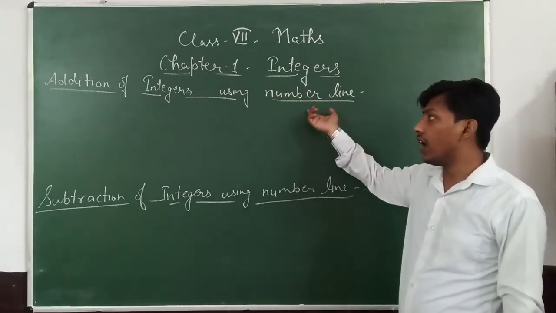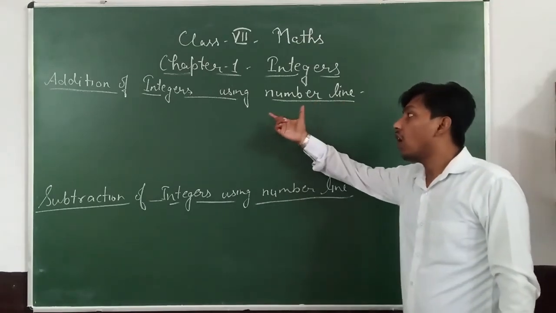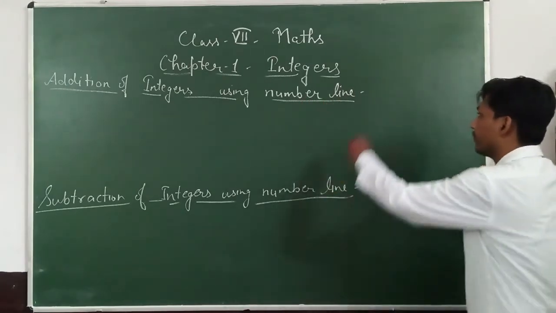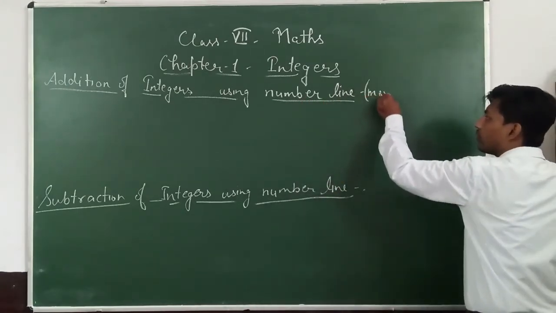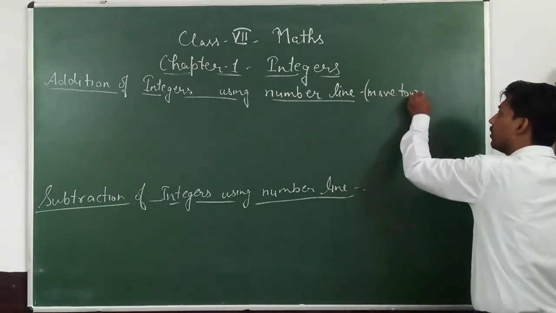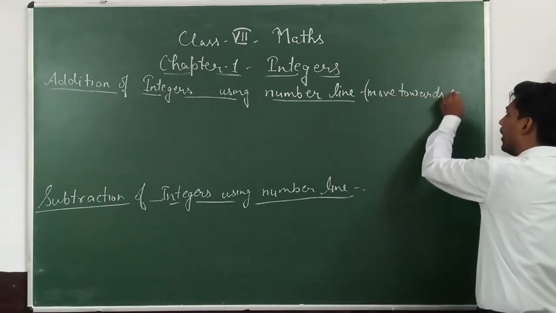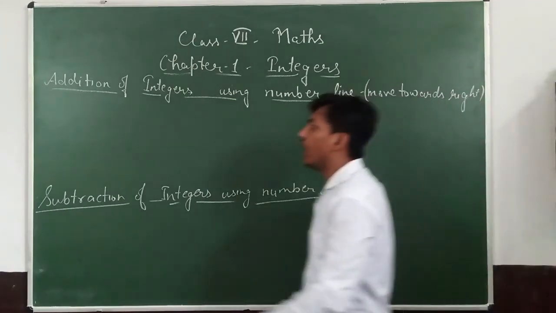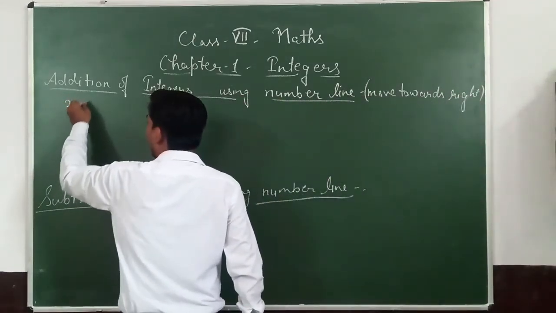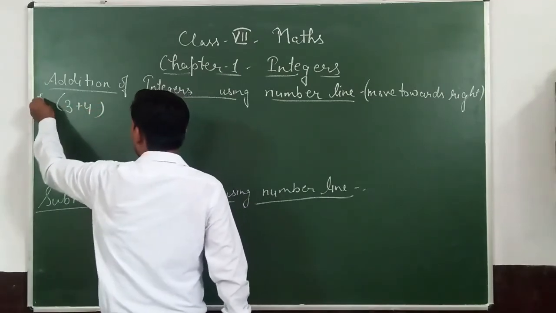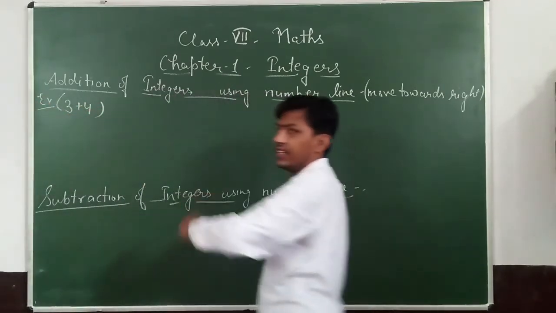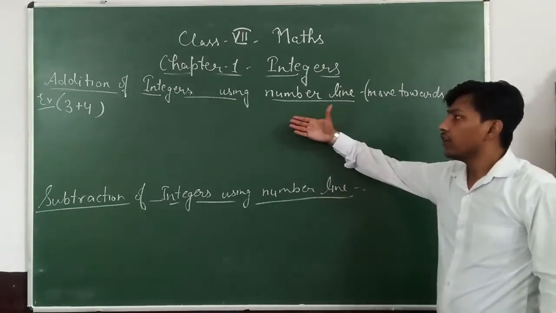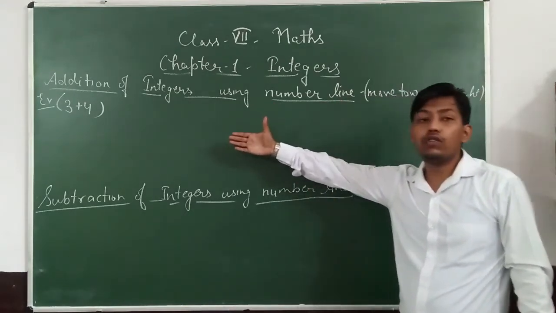Remember this: when we add integers using a number line, we move towards the right. Like we have to add 3 plus 4. This is our example. We have to do the addition using a number line.